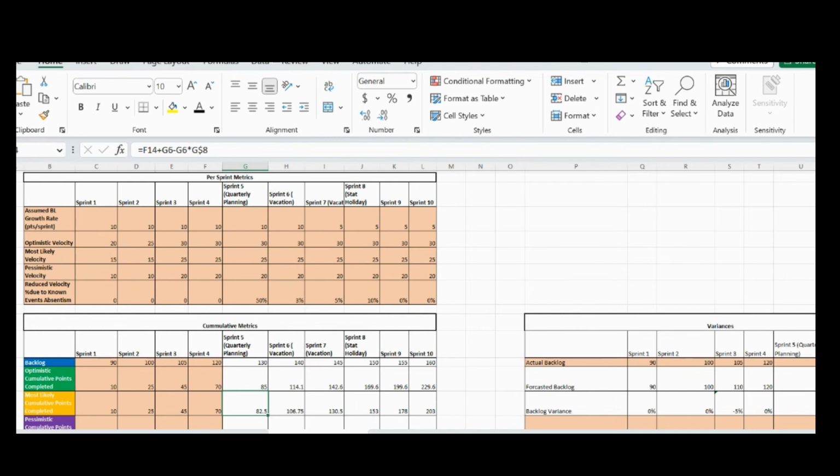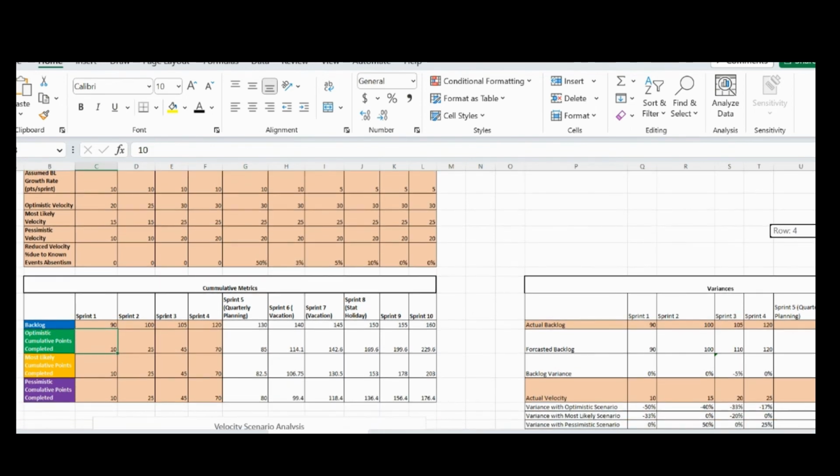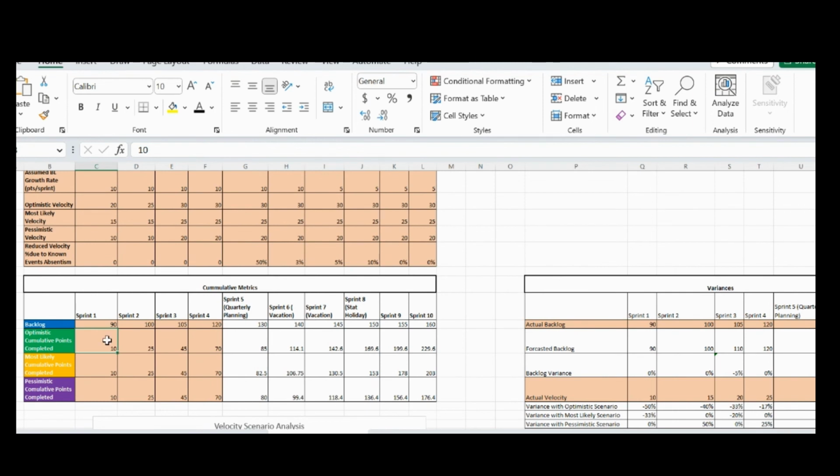So what you do is that here in the second table, you put the actual values. So we knew that for a fact in sprint 1, we completed 10 points and we inputted for all 3 scenarios because it was an actual value. For sprint 2, we had completed 15, so the cumulative would have been 25 for all of them.